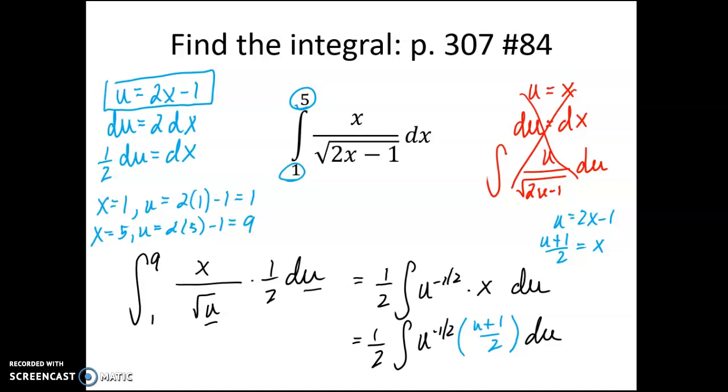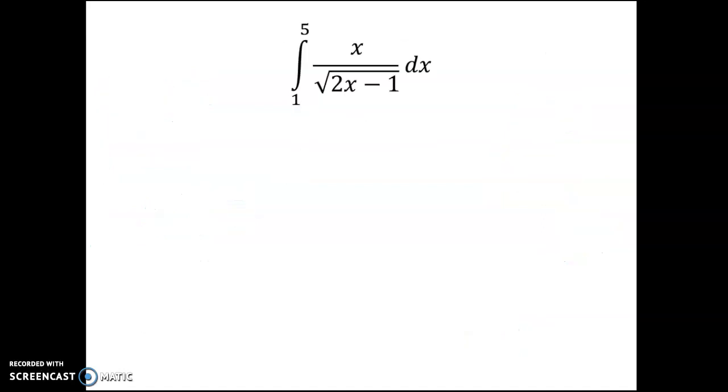All right, so let me bring this on the next slide. So I have 1/2, the integral from 1 to 9, u to the negative 1/2, and then I replace the x with u plus 1 divided by 2. So now at least all my variables are u's. Now let's use some number sense here.